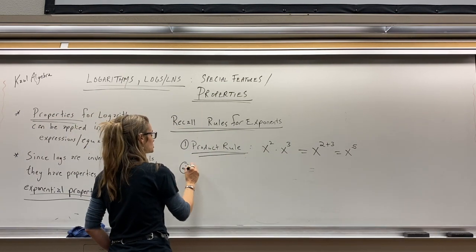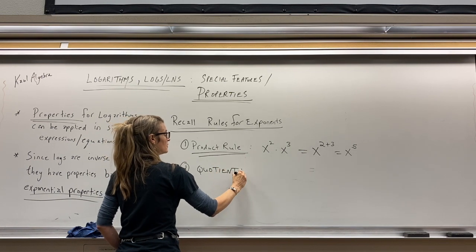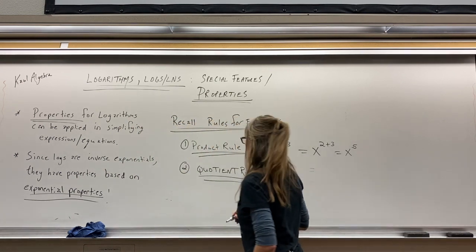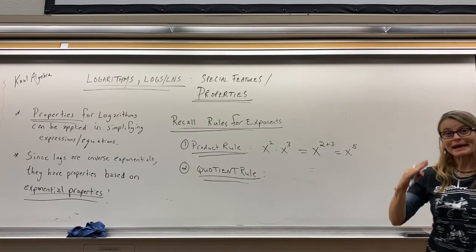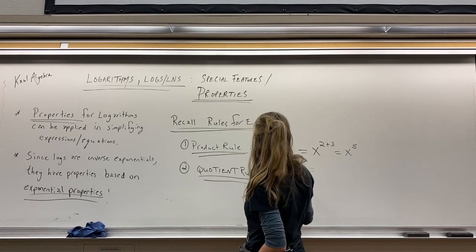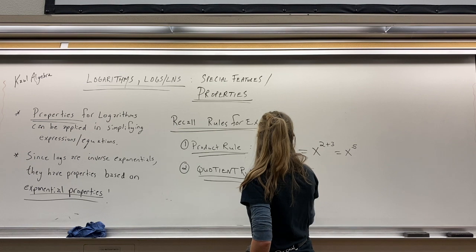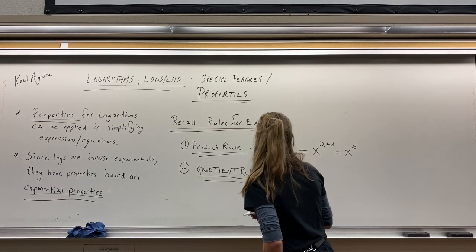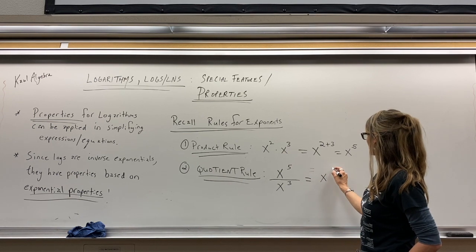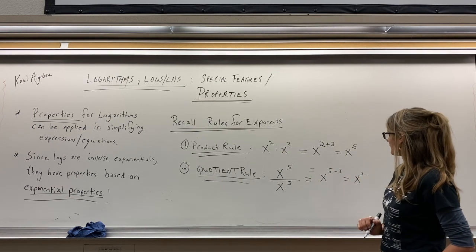Then we have our quotient rule. The quotient rule is, if you have the same base and you divide, then it's the same thing as subtracting your exponents. So if I had, let's say, x to the 5th divided by x to the 3rd power, my bases are the same, so I could subtract my exponents and get x squared.